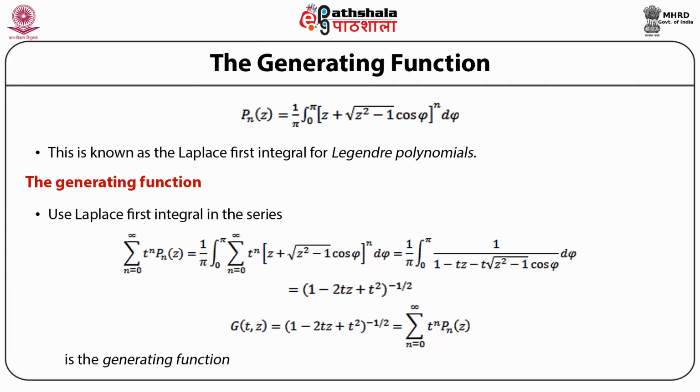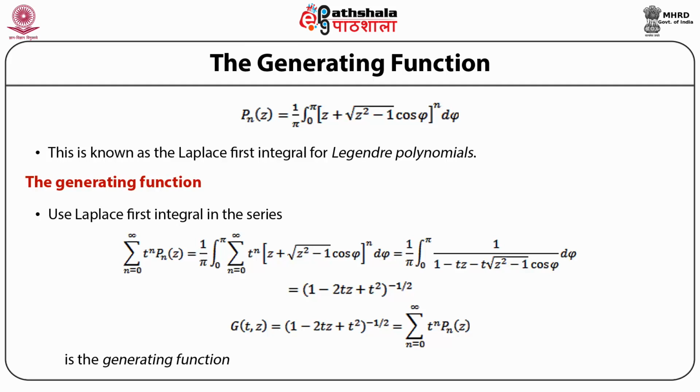So, summation over n going from 0 to infinity t raised to power n Pn of z is equal to summation over n going from 0 to infinity, then within the brackets t raised to power n multiplied by 1 by pi, then the integral over phi going from 0 to pi, within the brackets the term is given by z plus square root of z square minus 1 cos phi brackets close raised to power n.